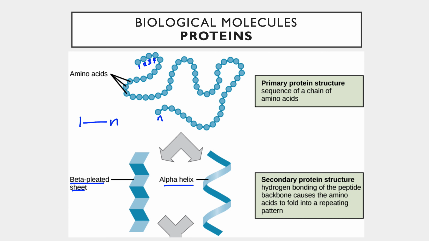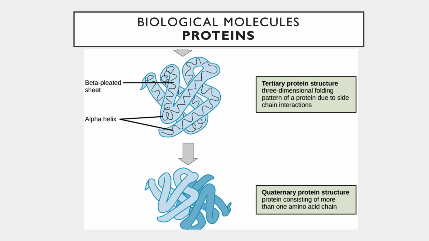And so the alpha helix is a section that turns like a helix, and the beta sheet is kind of this zigzaggy little thing, kind of like what you would see in corrugated cardboard. Once the beta sheets and alpha helices have been created, the protein will fold into a 3D structure specific to the protein's sequence of amino acids called the tertiary structure.